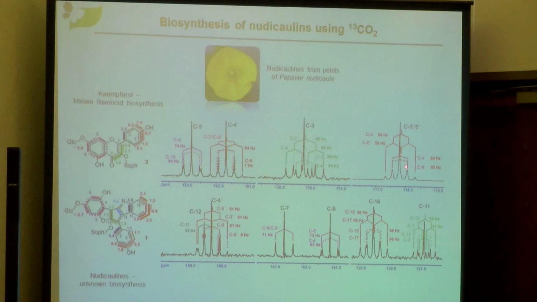And from the NMR spectra we could extract the CC coupling patterns, and we could integrate the intensity of the signals and identify these isotopologues and compare the isotopologs of the nudicaulins with those of kaempferol, and prove that in nudicaulin biosynthesis in the plant, a pathway is involved which is identical with the flavonoid pathway for the formation of kaempferol or flavonoids.